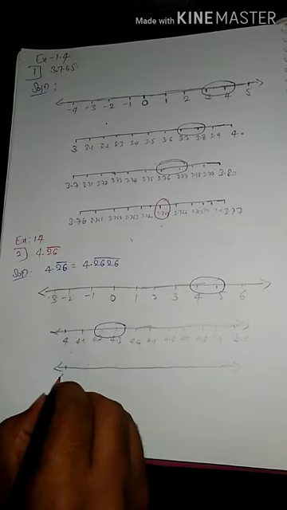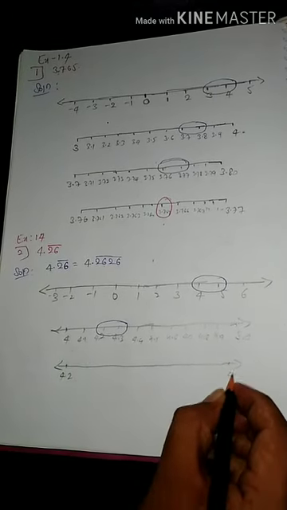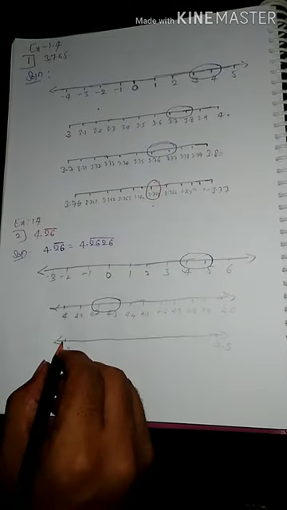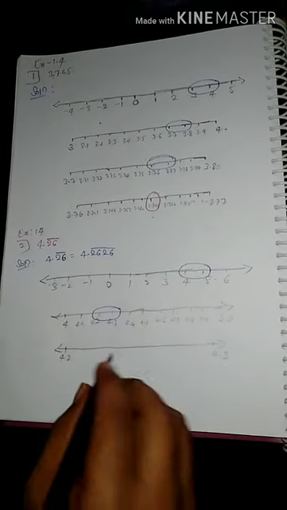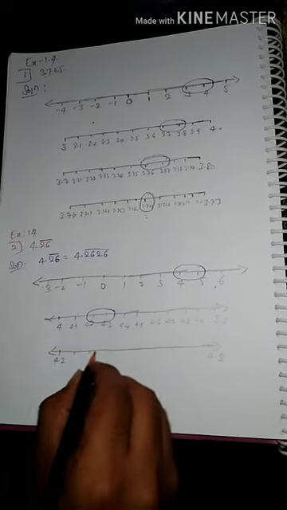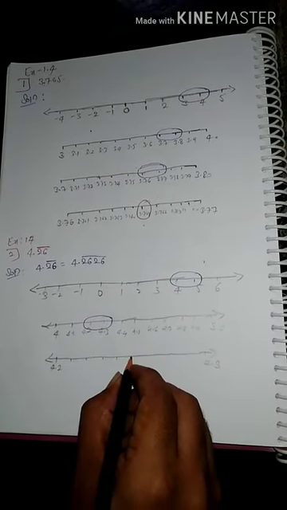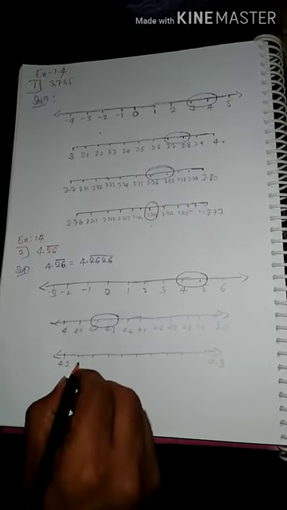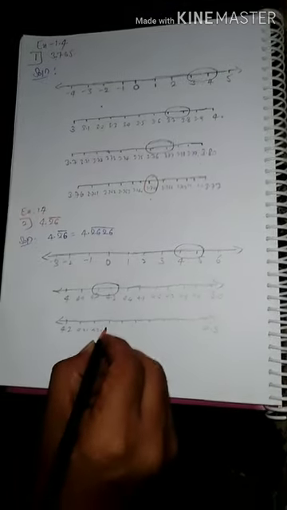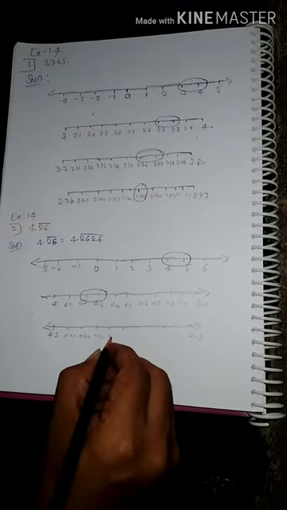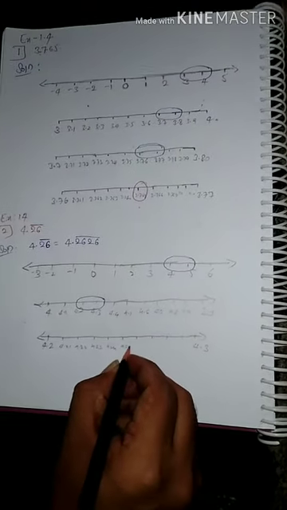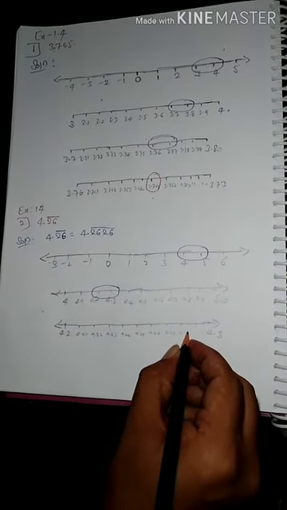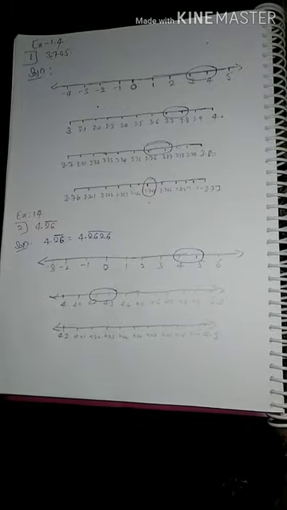Here it is 4.2 and 4.3. 4.2 to 4.3 divide into 10 equal parts: 4.21, 4.22, 4.23, 4.24, 4.25, 4.26, 4.27, 4.28, 4.29.